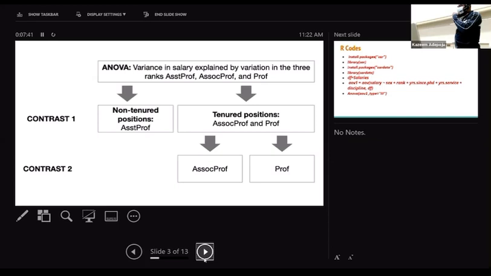Now, I want you to take a look at what I'm projecting right now. If you want to consider salaries of professors, we have cadre. Of course, we have what we call the tenure and the non-tenure track.